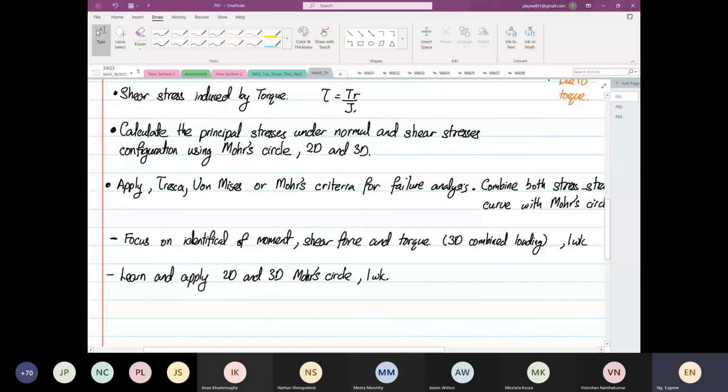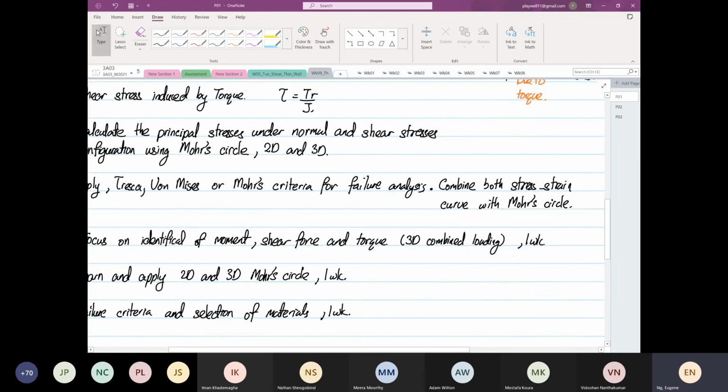Then after that, we are going to learn failure criteria and selection of materials. This will take another 1 week. So if you look at our schedule, this is our week 9.